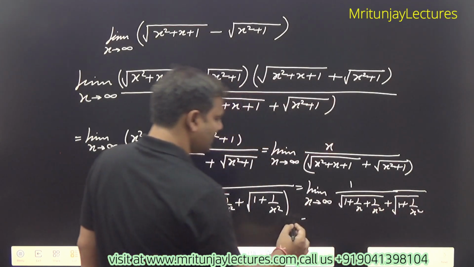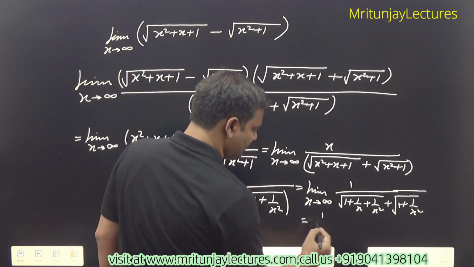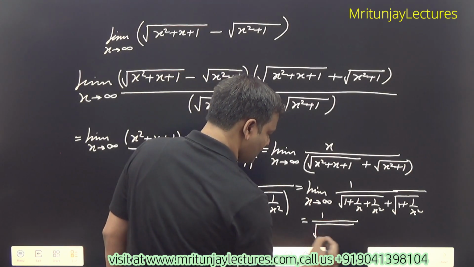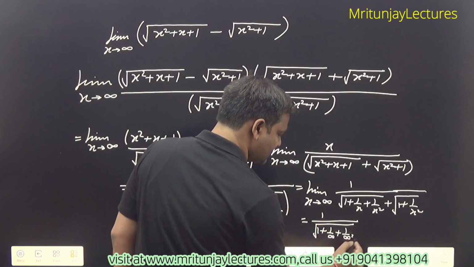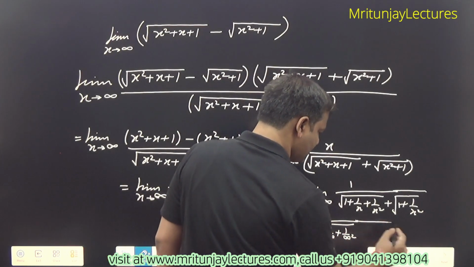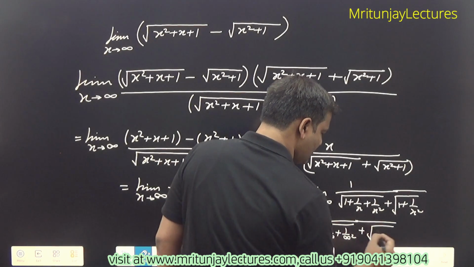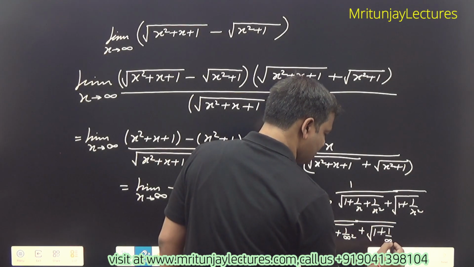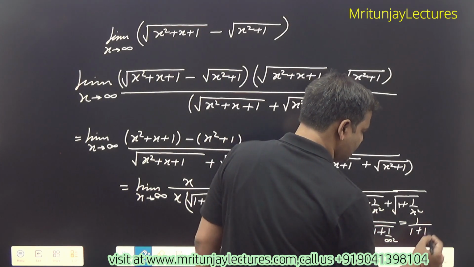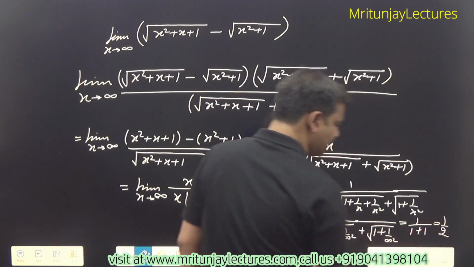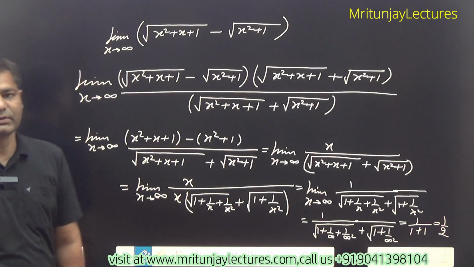If we put x equal to infinity, then how much do we get? 1 upon under root 1 plus 1 by infinity plus 1 by infinity square, plus under root 1 plus 1 by infinity square. Then 1 upon 1 plus 1, that is 1 by 2, which is the right answer.